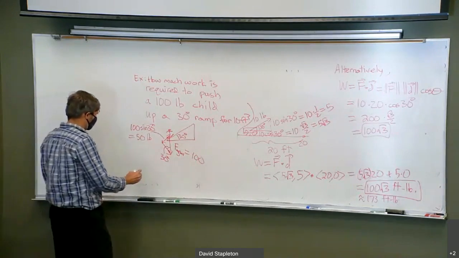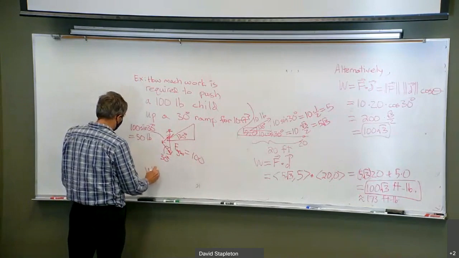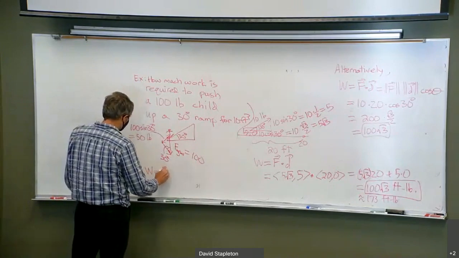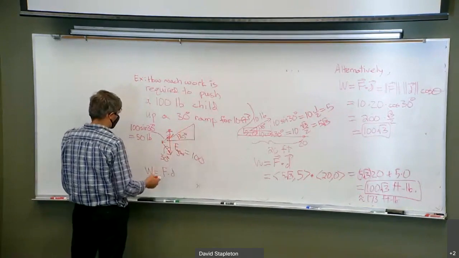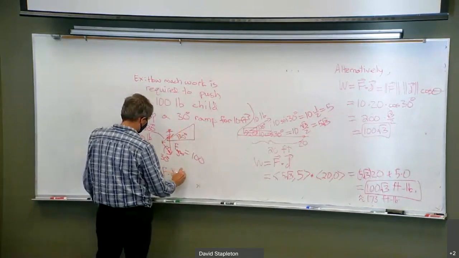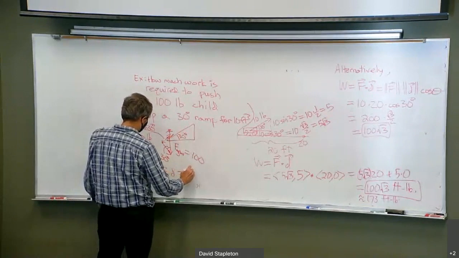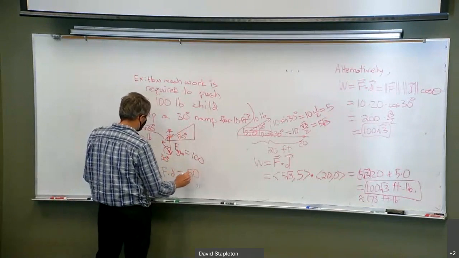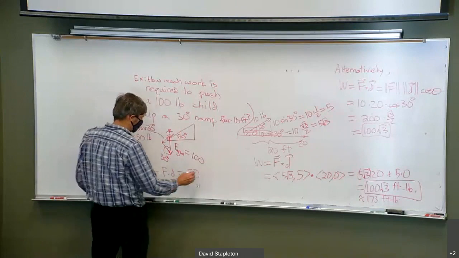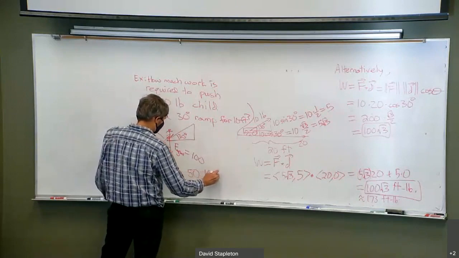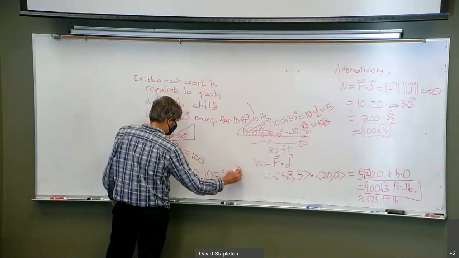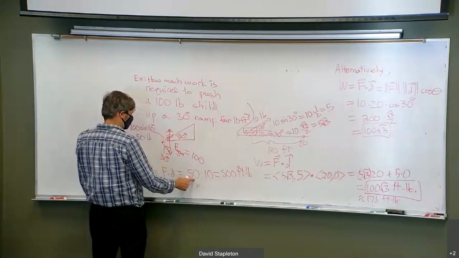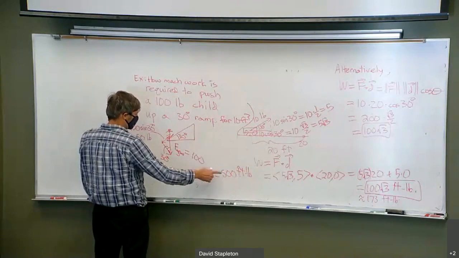So the work is going to be the force times the displacement, since it's along the same line. 50 pounds of force to overcome this component of gravity times 10 feet I have to push is 500 foot-pounds.